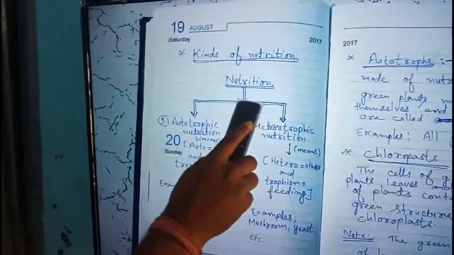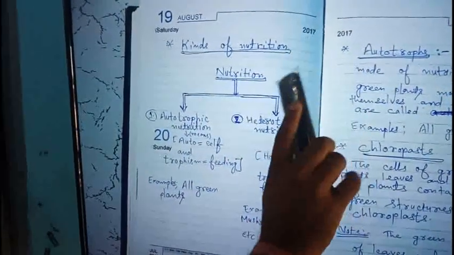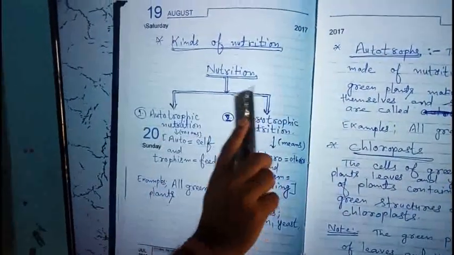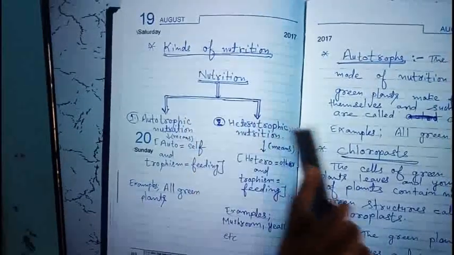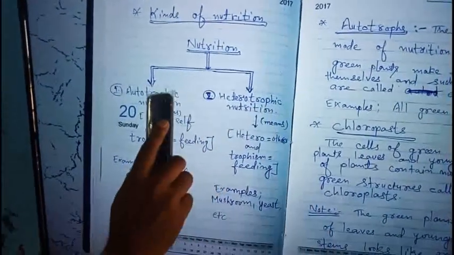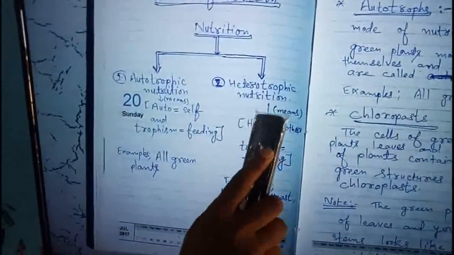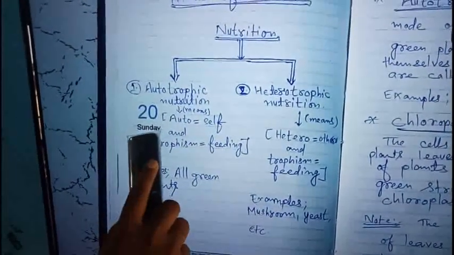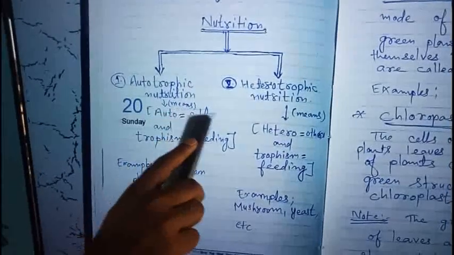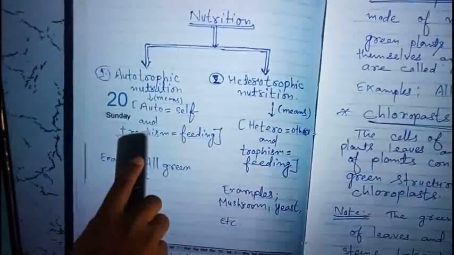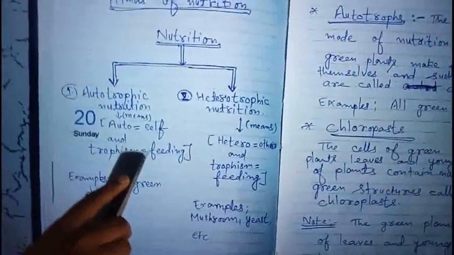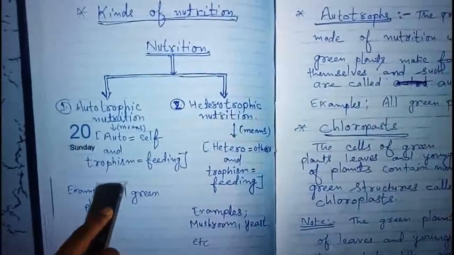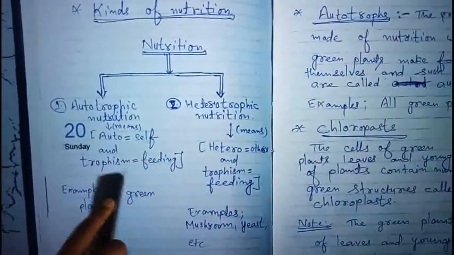Dear student, when we talk about nutrition in plant life, there are mainly two kinds. The first one is autotrophic nutrition.